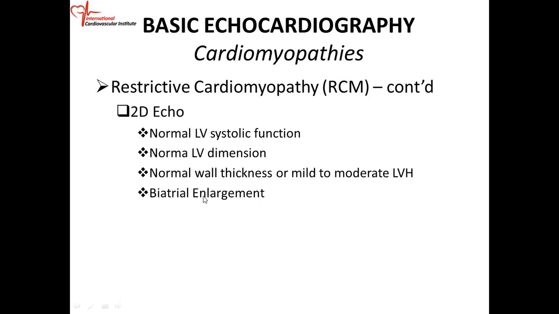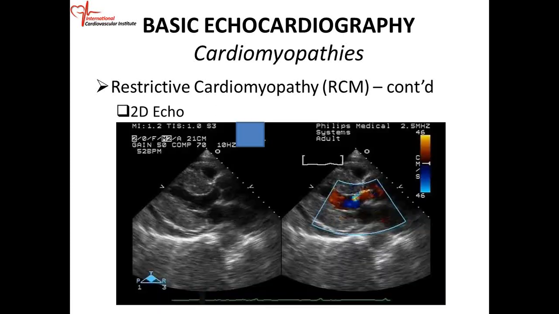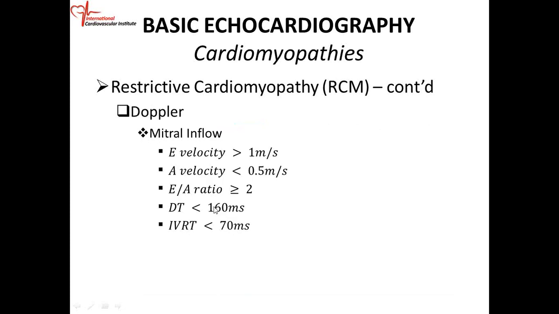You tend to get biatrial enlargement. Both atria tend to be enlarged. And this is like a classic feature of a restrictive cardiomyopathy. You usually don't get this significant amount of thickening though, but you tend to get a little bit of pericardial effusion. The atria tend to be huge, but you usually don't get this amount of thickening.